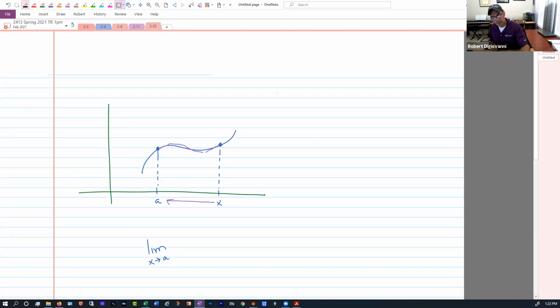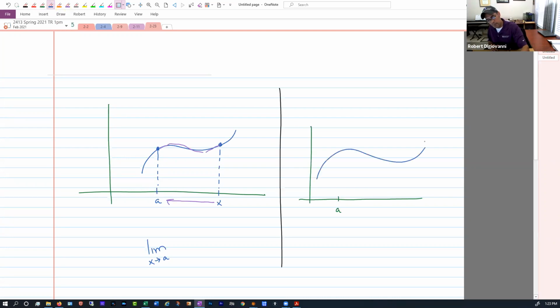Instead of that, I'm going to do this. I'm going to pick a point A. Oh, let me draw my graph again. So I'm going to pick a point A, and I'm going to pick a second point over here. But I'm not going to call it X. I'm going to call it something else. I'm going to call it A. Well, wait a minute, it can't be A, right?